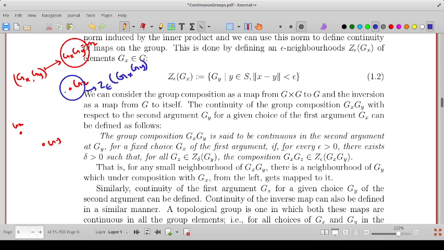Then the continuity of this map implies that given any epsilon greater than 0, there exists a delta greater than 0 such that we can consider a delta neighborhood of gx. So this is Z delta of gx, such that under this composition map, all elements within this Z delta of gx get mapped to Z epsilon of gx gy.